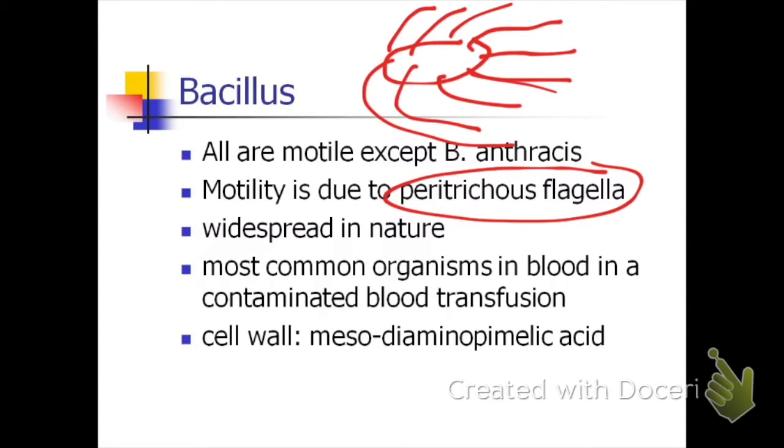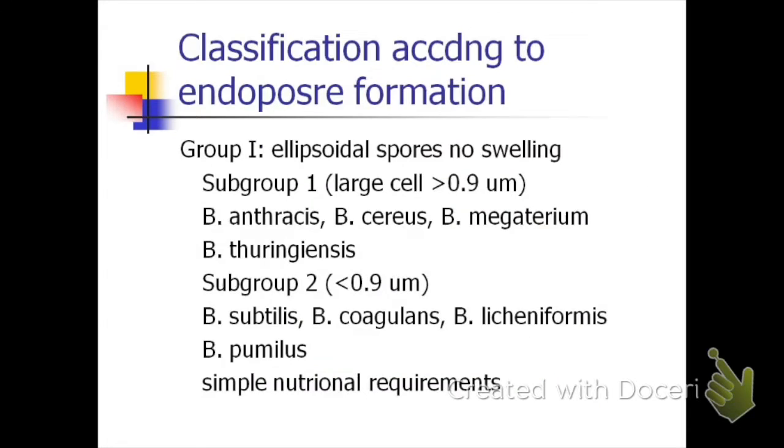The cell wall is also noteworthy to mention. The cell wall is made up of meso-diaminopimelic acid, a unique constituent in the cell wall of Bacillus species. We classify them according to endospore formation.